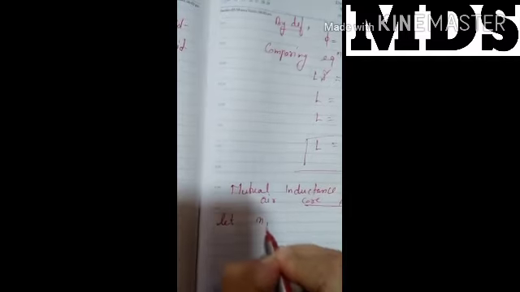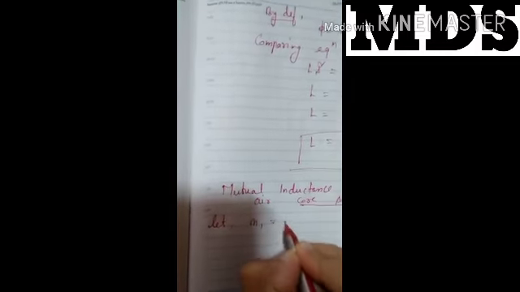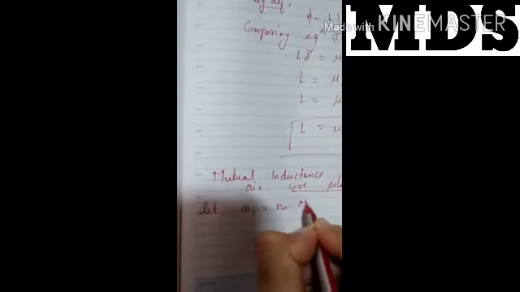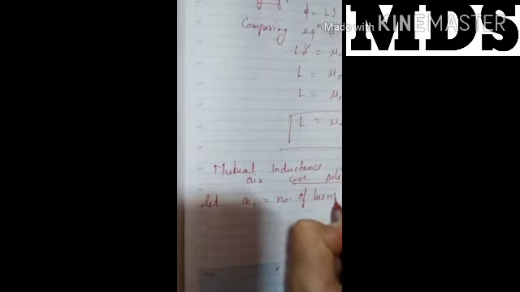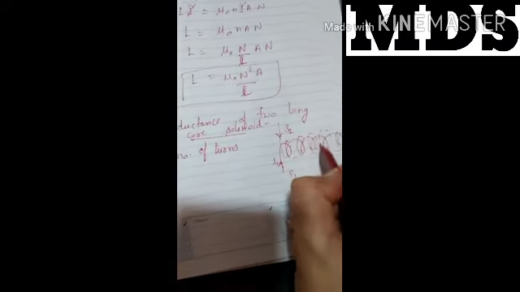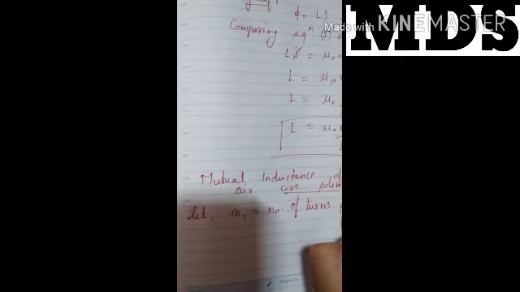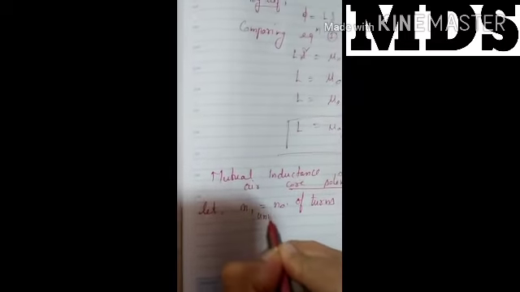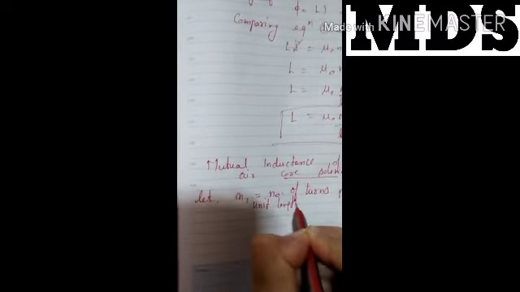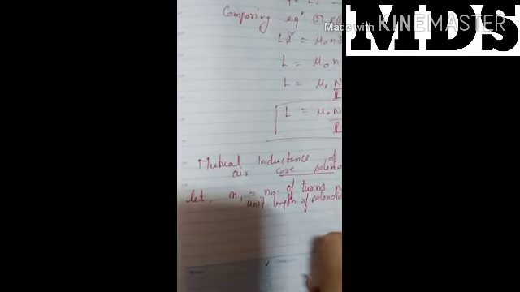Now let N1 equal the number of turns per unit length of solenoid S1.